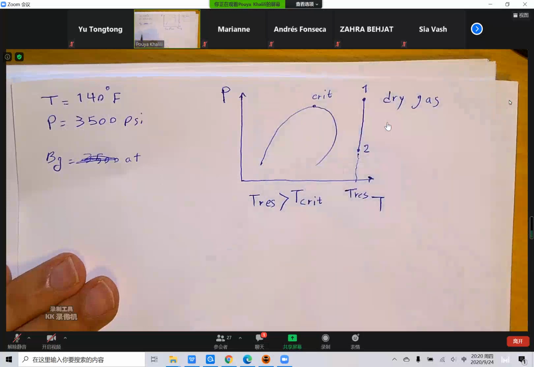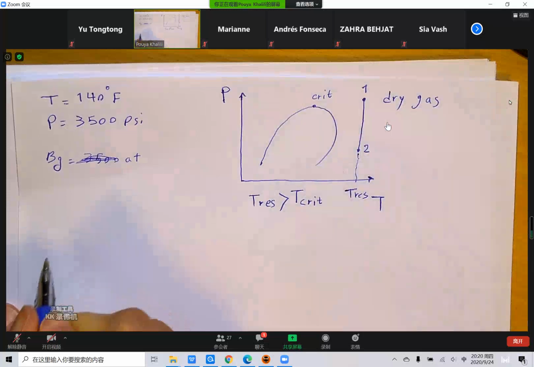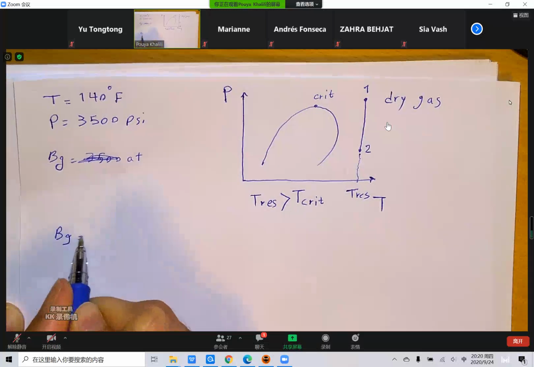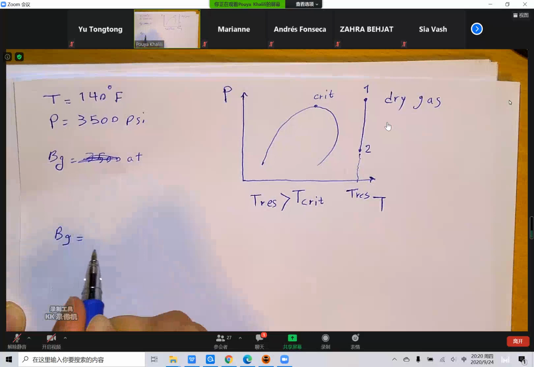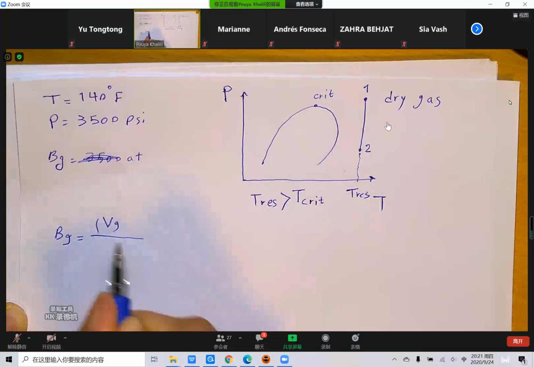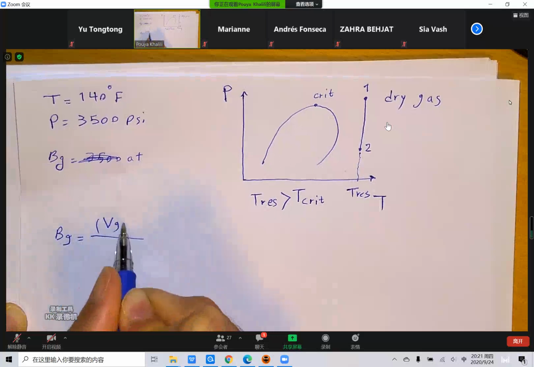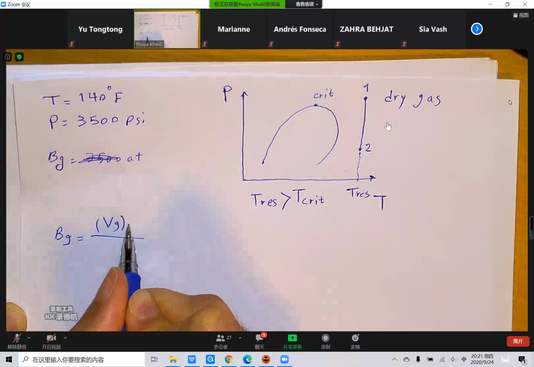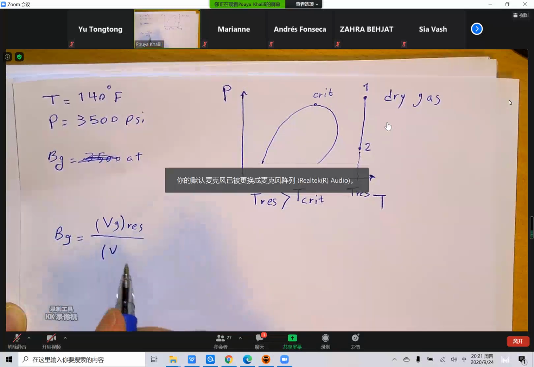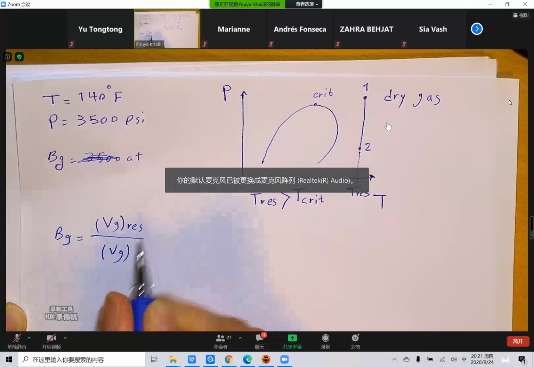So we need to find the formation volume factor of the gas, which is the ratio of the volume of the gas at the reservoir condition over the volume of the gas at standard condition.